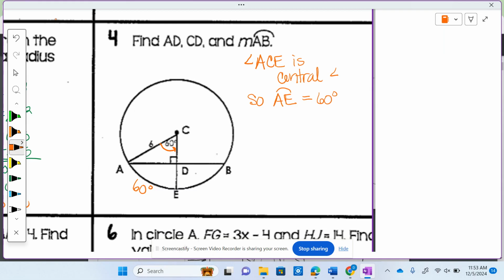Okay. What do you know about segment CE? It's a radius, and it's marked as being perpendicular, right? So we know that segment CE is a radius that's perpendicular to the chord AB.